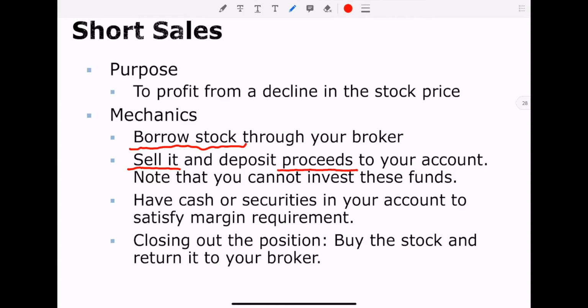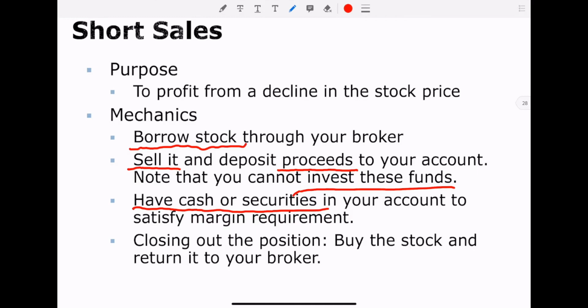So you could deposit these proceeds into your account. However, you cannot invest these proceeds, right? And at the same time, you need to have cash or securities in your account to satisfy margin requirement.